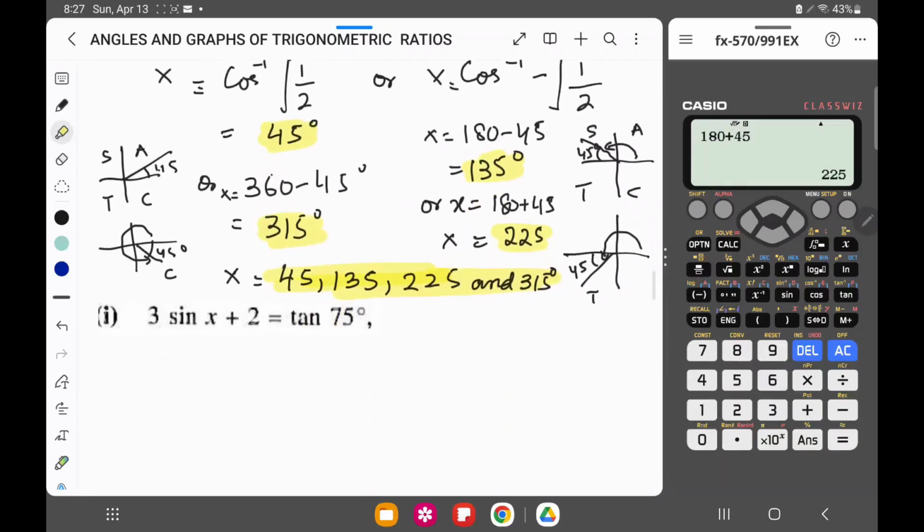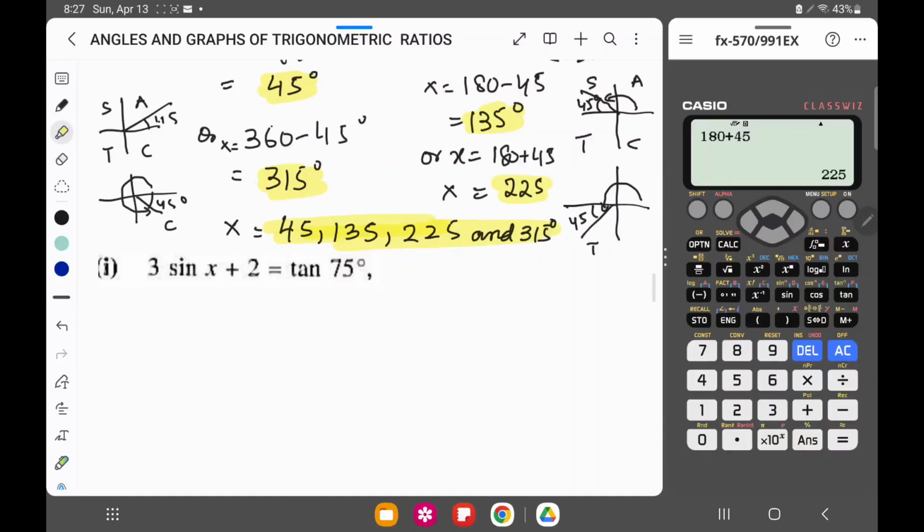Okay. Now part I. In part I you will find out the answer, but when you round off a number and find out your answer in many steps, then obviously you will get a different answer. So I'm doing it together in one step. So 3 sine x is equal to tan 75 minus 2.